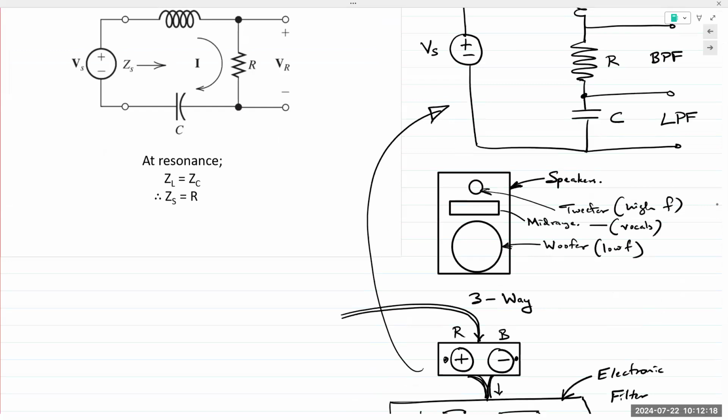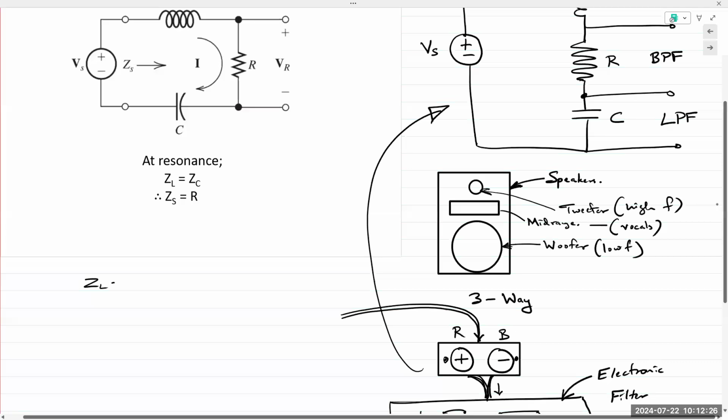For a capacitor, it is inversely proportional to the frequency. For an inductor, it's directly proportional to the frequency. So ZL is directly proportional to frequency, and ZC is inversely proportional to frequency.